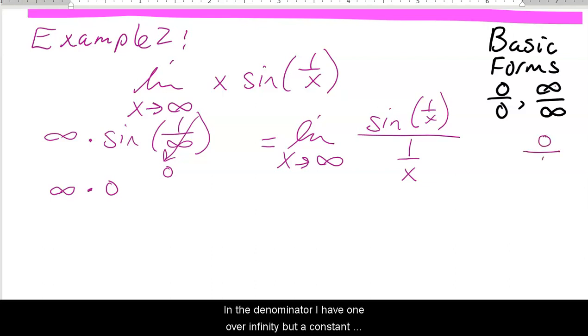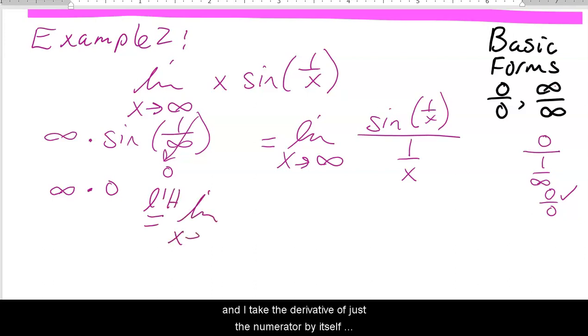In the denominator, I have 1 over infinity, but a constant divided by infinity gives me 0, so I get 0 over 0. This is one of the two basic indeterminate forms, so I can do L'Hopital's rule. I indicate that with the L'H over the equals, and I take the derivative of just the numerator by itself and just the denominator by itself.